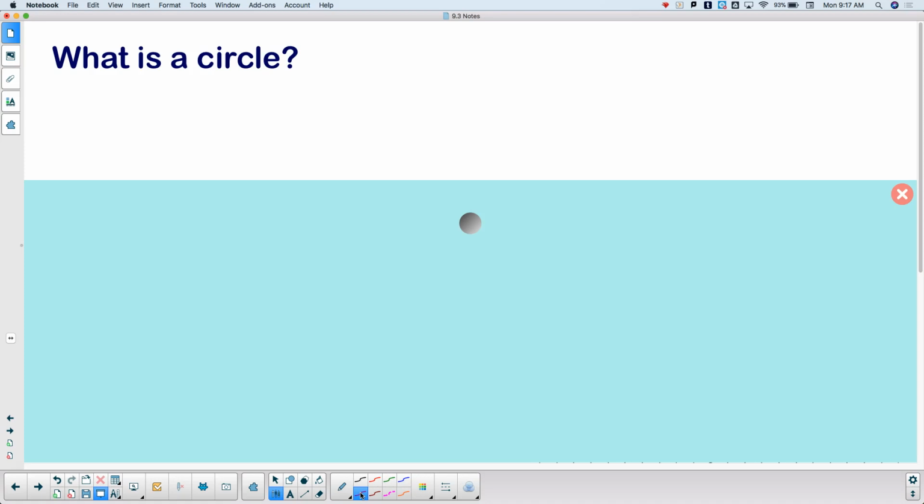If you're playing tic-tac-toe, circle gets the square. No corners, okay? So it doesn't have any corners. What else? Okay. 360 degrees. What else?